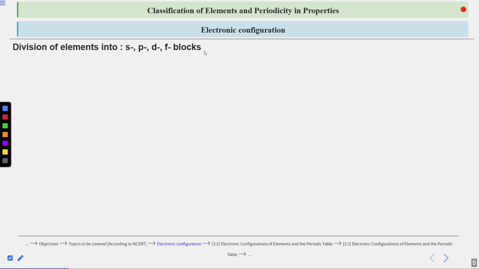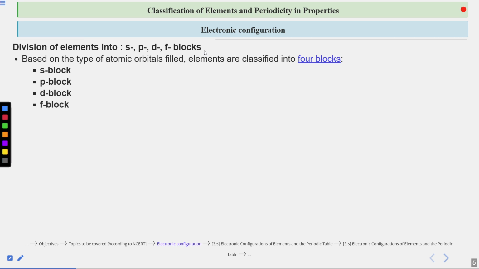If I try to classify the whole periodic table on the basis of electronic configuration, then it can be classified into 4 blocks: S block, P block, D block and F block. So this can be seen in the periodic table also.